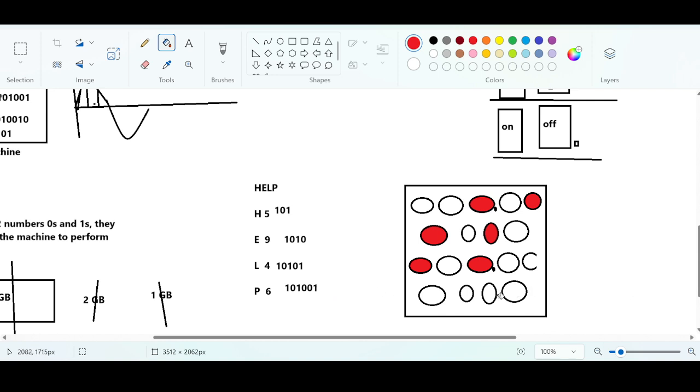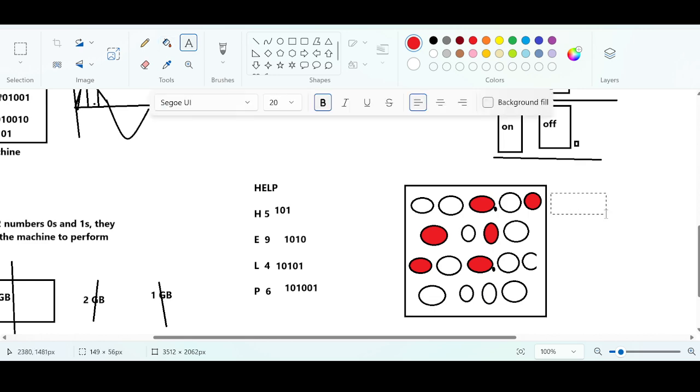When it is 1, the bulb is turned on. When it is 0, it is turned off. By these signals they can decipher them, because this is representing a binary number. They find this is representing H, these signals are representing E, these are representing L, and these are representing L.